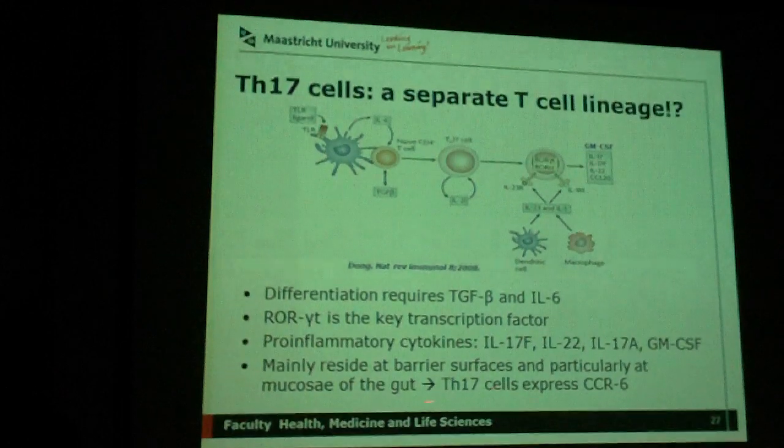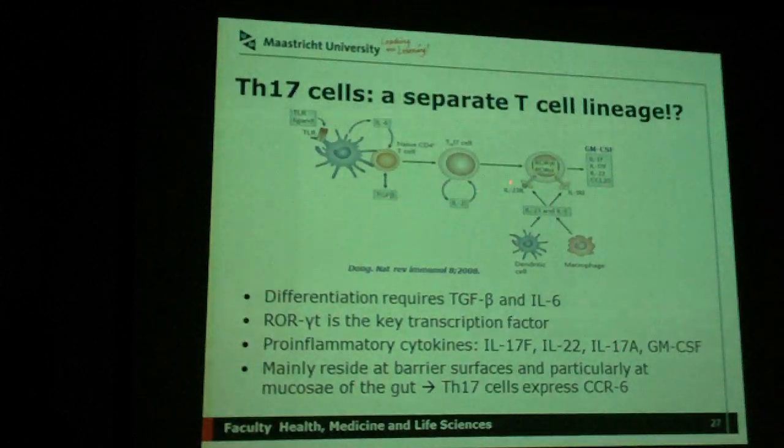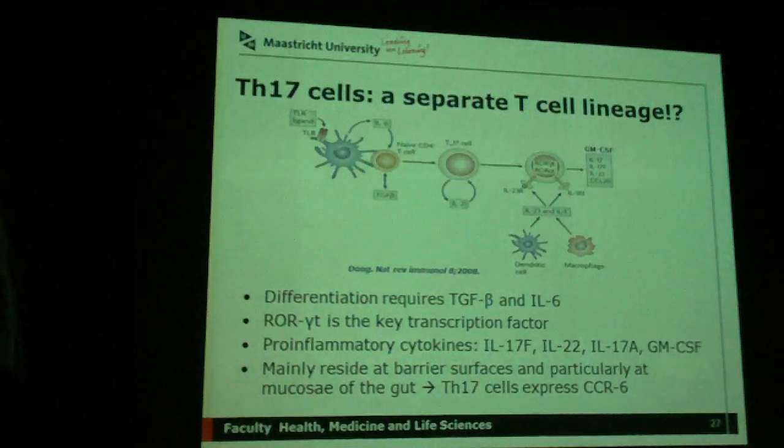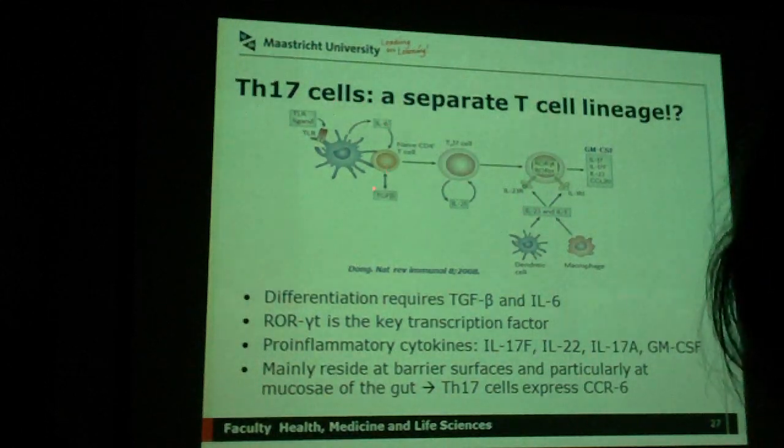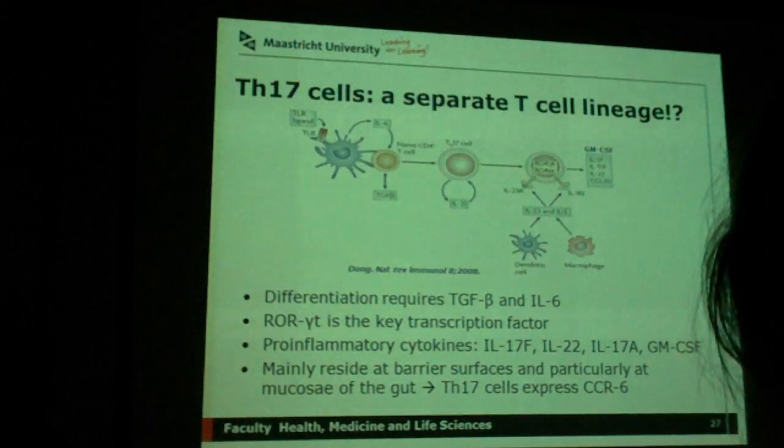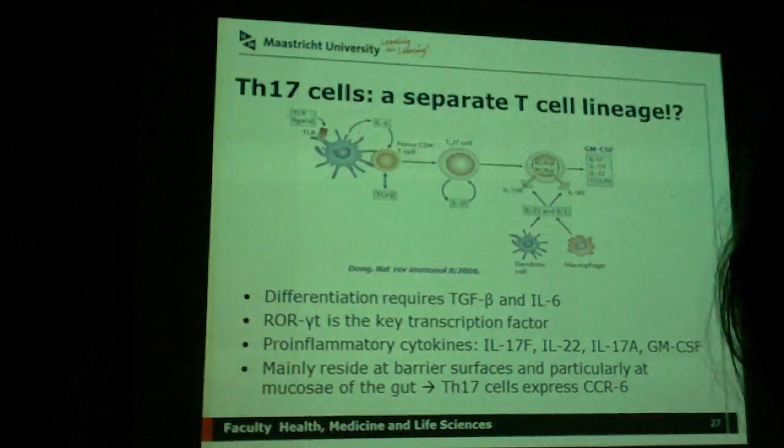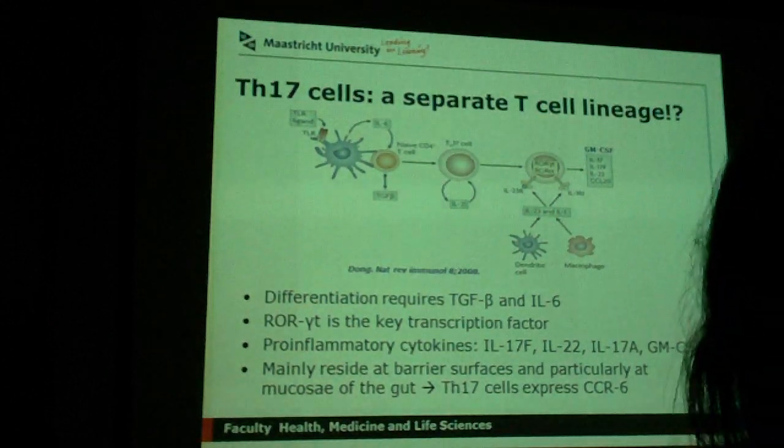So these are really the cytokines which belong to the Th17 cell. And other cytokines which are important for the generation of these cells are IL-23 and IL-21. So during differentiation, the combination of IL-6 and TGF-beta will direct the cell in the Th17 direction.